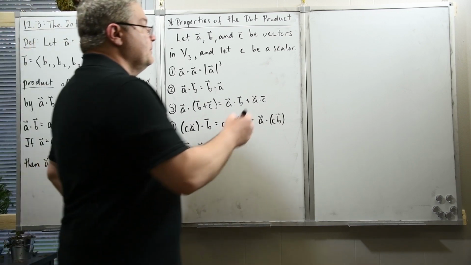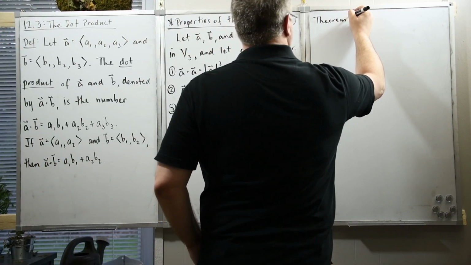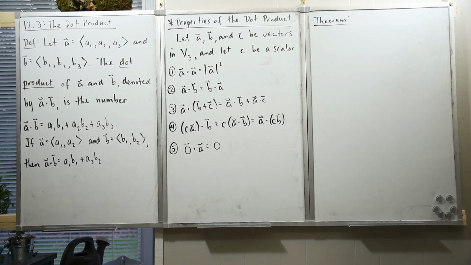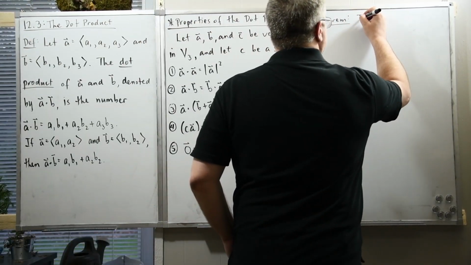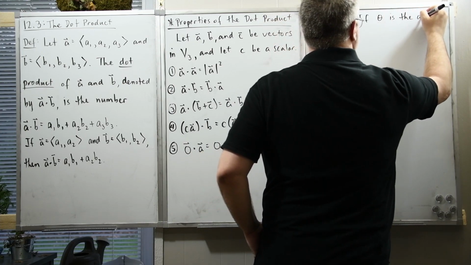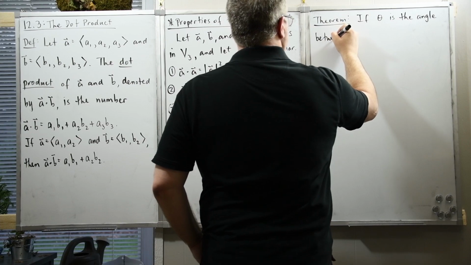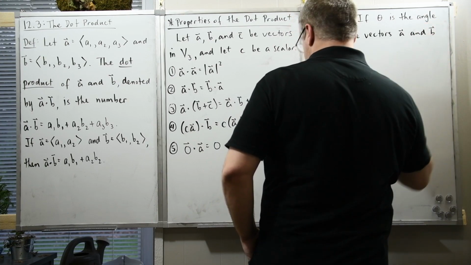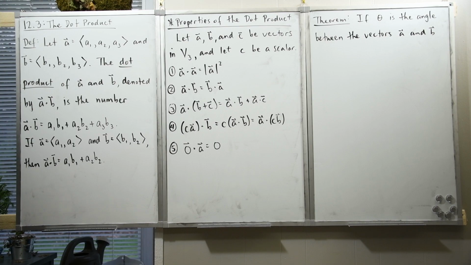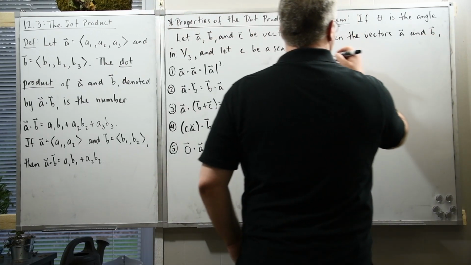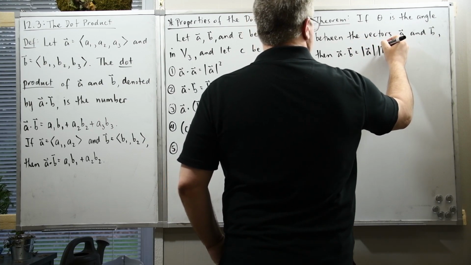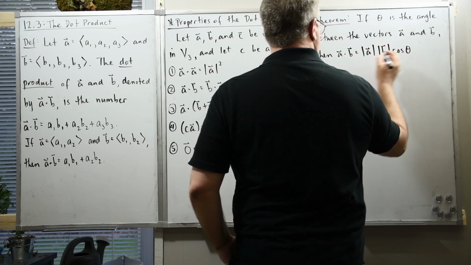All right, so let's take a look at this theorem. In this theorem, we have if theta is the angle between the vectors A and B, then A dot B is the magnitude of A times the magnitude of B times the cosine of theta.